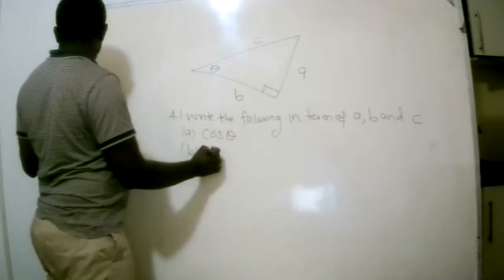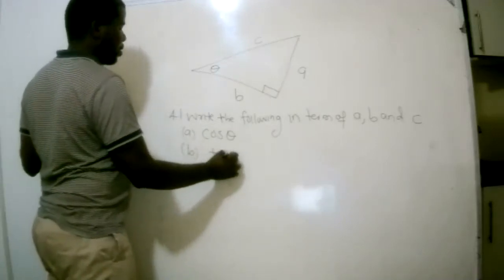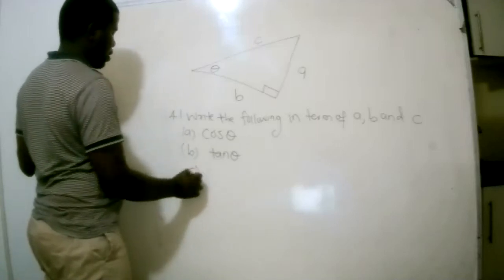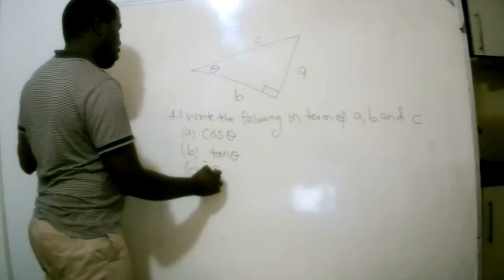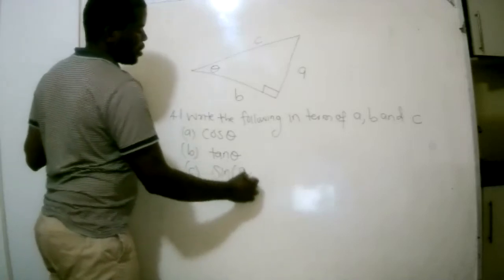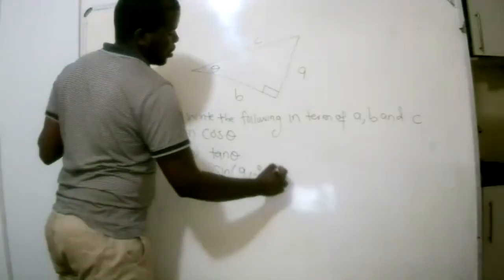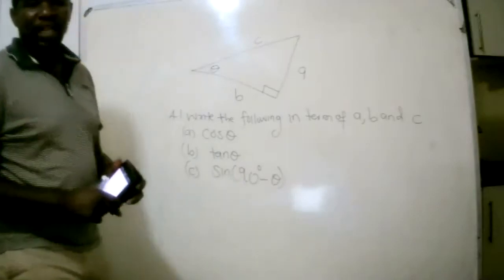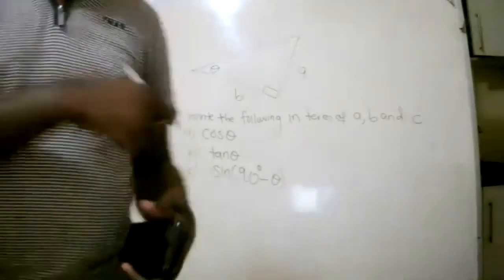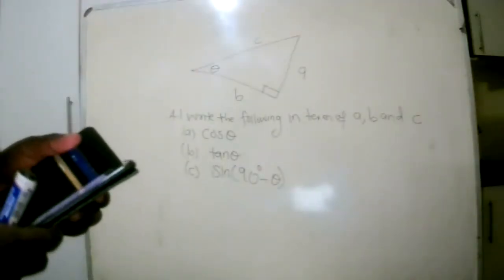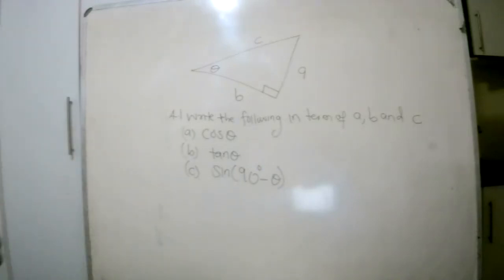The second question, we have tan theta. The third question, we have sine of 90 minus theta. These will be the only questions I'm going to do with you today. After finishing, I'm going to send you homework to do. Let's start with cos of theta.